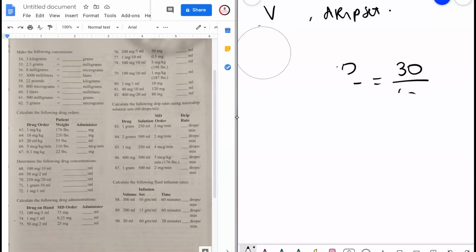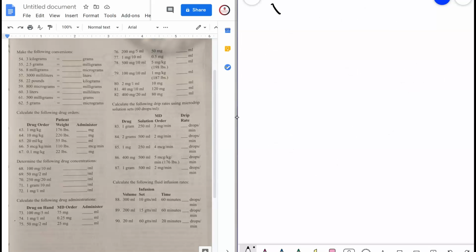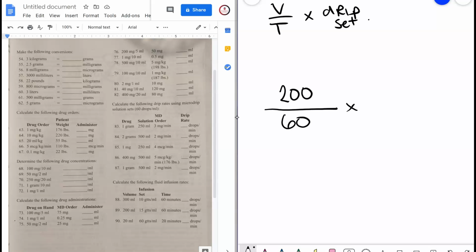All right. Well, I'll put your formula back up. All right, next one. You have a volume of 200 milliliters over 60 minutes times a 15 drop set. As I said, first things first, simplify. So you have 20 times 15. Let's do the multiplication. 5 times 0 is 0. 5 times 2 is 10. 1 times 0 is 0. 1 times 2 is 2.